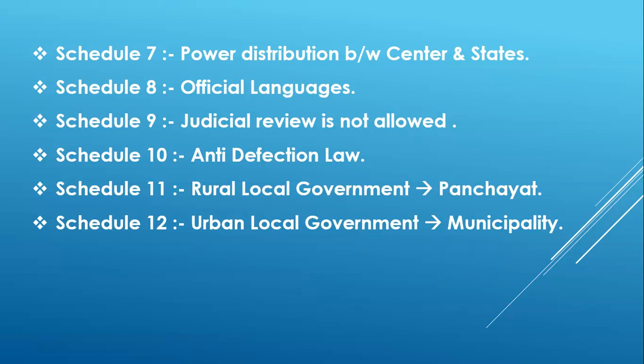In order to understand what the anti-defection law is, first of all you have to understand what defection is. For example, recently you must have heard that Jyotiraditya Scindia, along with some of his MLAs and ministers, left the Congress and joined the BJP. So this is defection.